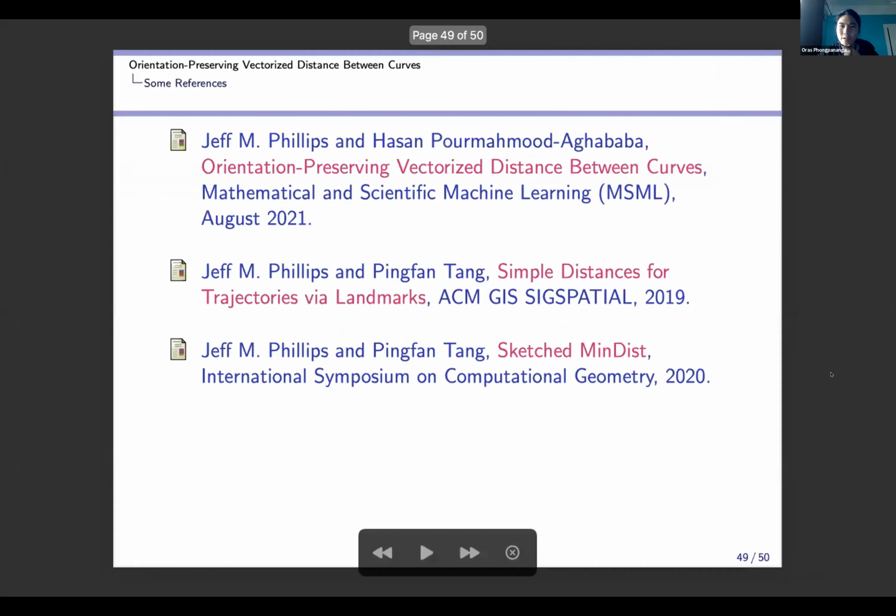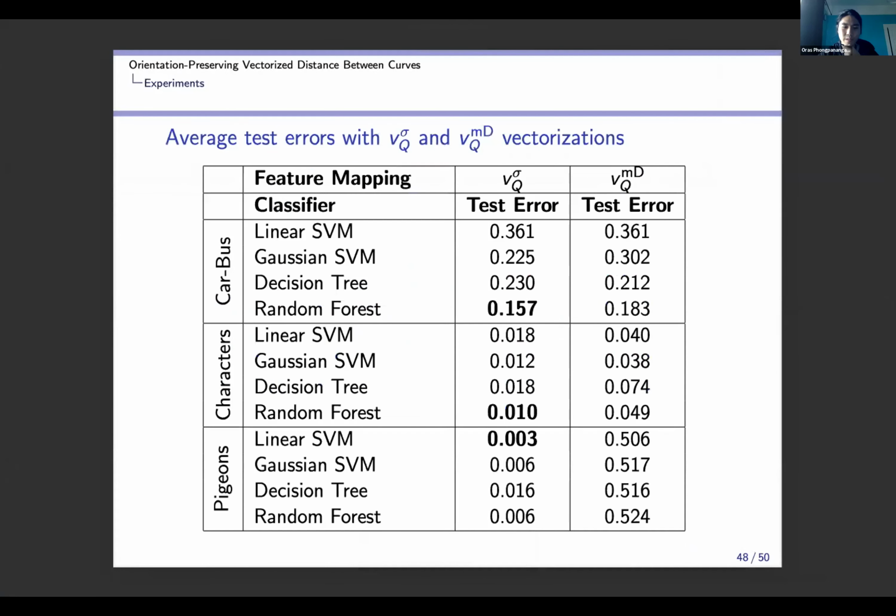One, can you give a more concrete example of the trajectory problem? Like maybe for the pigeons, what would the trajectory be and what would the landmarks be? For pigeons, we have pigeons flying from, for example, one city to another city, from city A to city B, and we have their flight path.